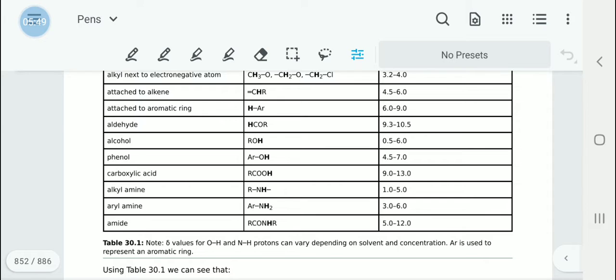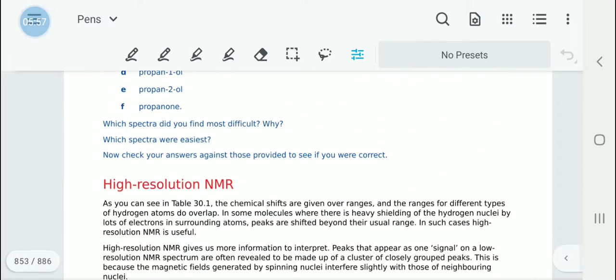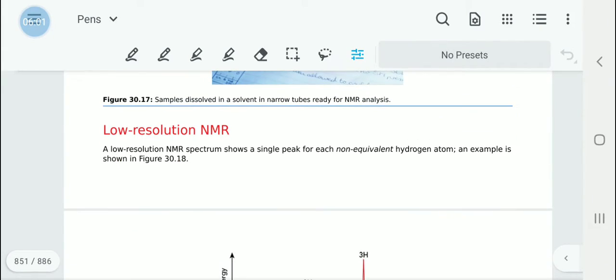If you have any doubts or need any clarifications, please let me know, then I will explain it further. Now you'll have to do question number 5, but before that you will have to write down a note on this. Write down: low resolution NMR shows a single peak for each non-equivalent hydrogen atom.